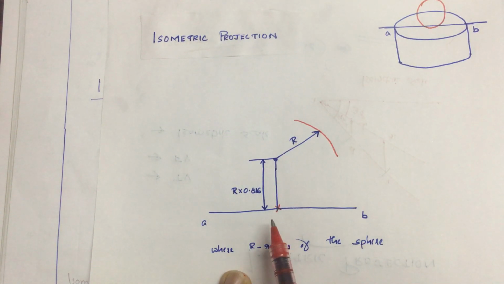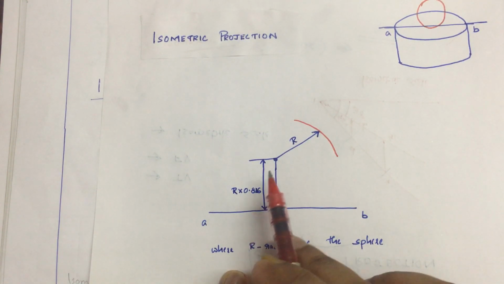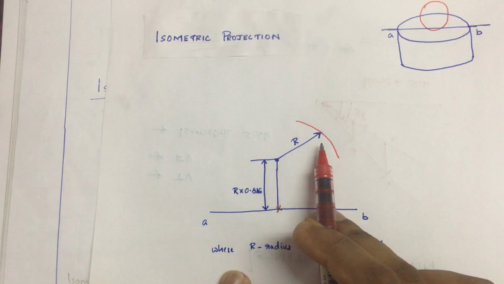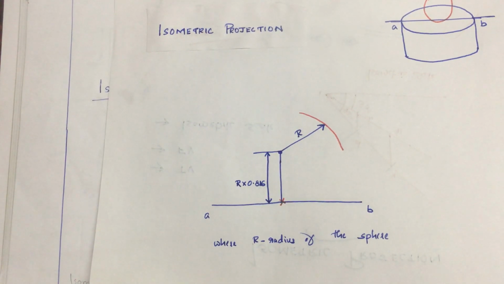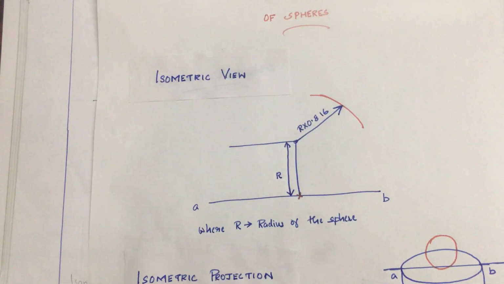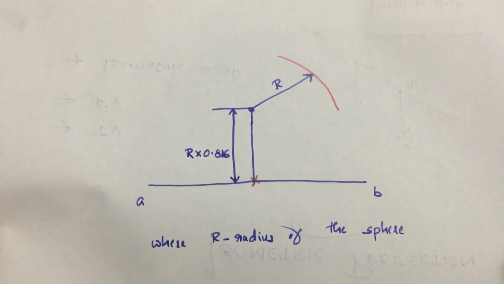From that point you have to take the distance R into 0.816, and from that point you have to take the radius of the circle and then complete drawing the circle. So, this is the way by which the isometric view as well as isometric projection of the sphere is drawn.